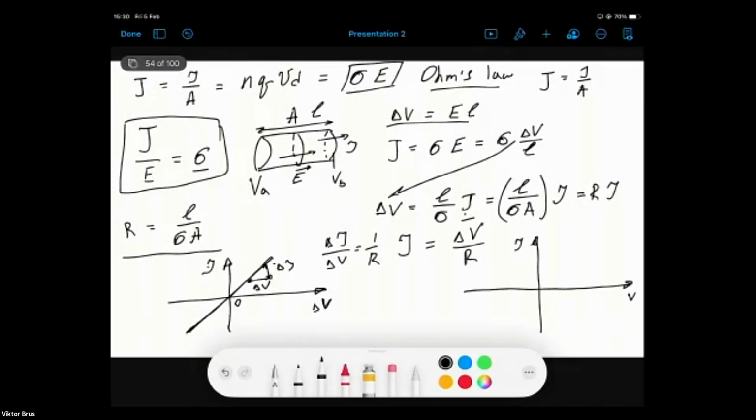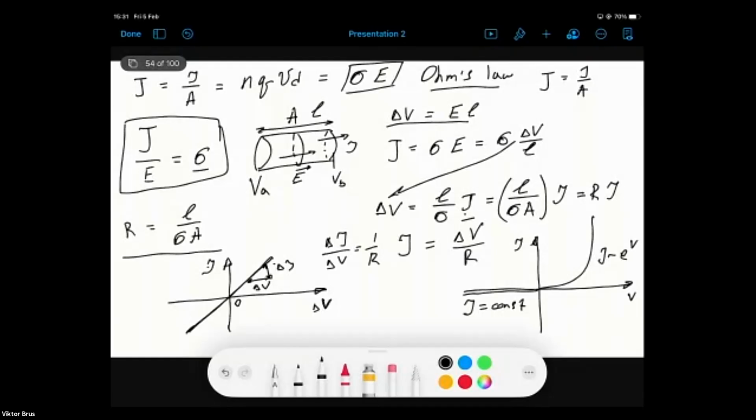It means that at negative potential difference, electric current is very small and almost saturated. It doesn't change with voltage. But at forward bias, it increases exponentially. So here, current is constant. And here, current is proportional to e to the power of V.